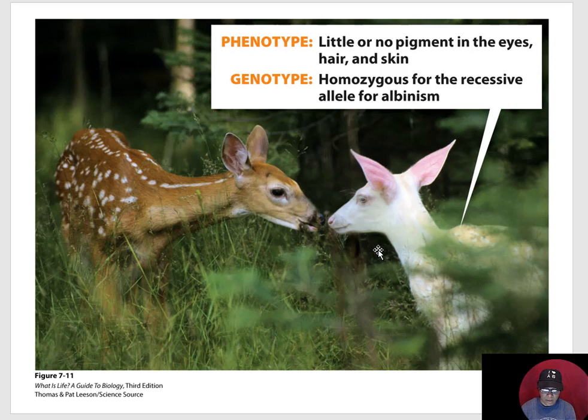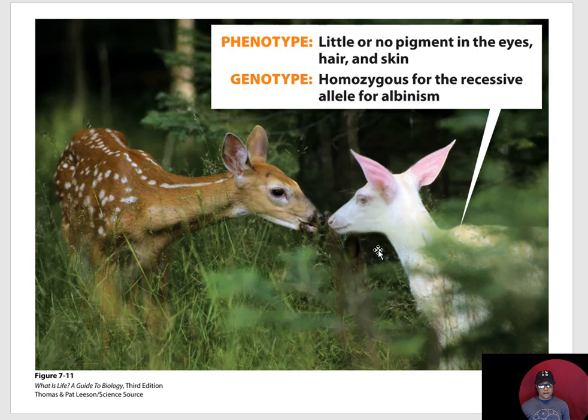So, translation, homozygous has the exact same two alleles for the recessive, meaning that there is no dominant gene present there, because if it was a dominant gene, it would be expressing. And so this is a recessive gene, and it's expressing the recessive gene because it's two recessive genes. And that's why it is an albino deer. So when you're speaking of genotypes, when you're speaking of the genome, there is language for that, right? Homozygous for the recessive allele for albinoism.